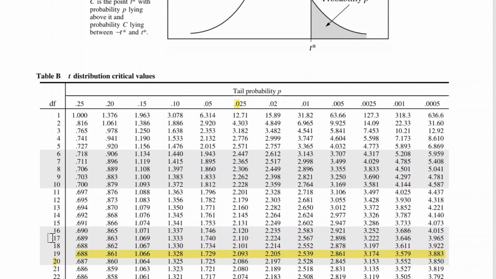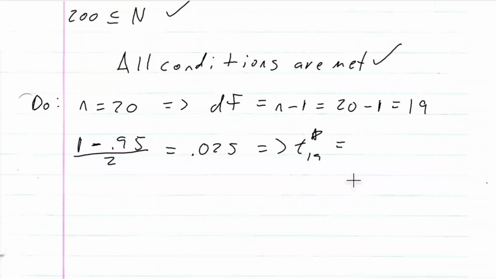So that means it would be right here, the 2.093. That's our critical t value, so it'd be 2.093.